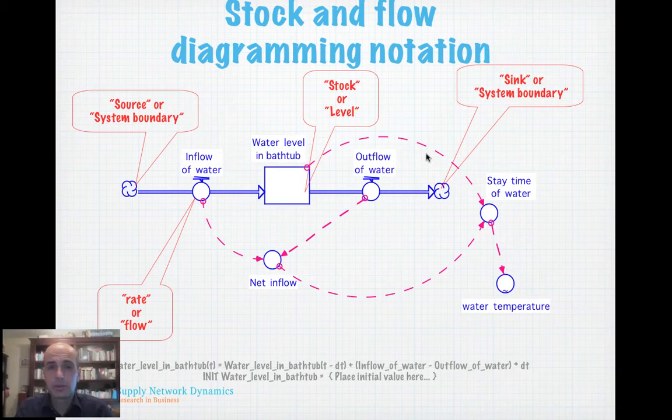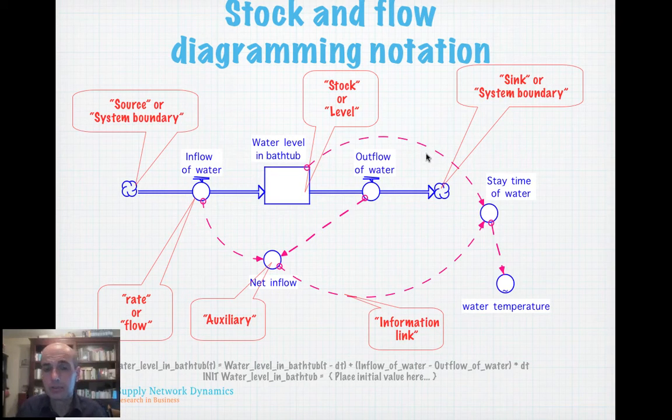And in theory this should be enough, but in all practical models there are also auxiliaries. In theory you could put everything in those rates, but in practice you want to split up long decision equations with the aid of auxiliary variables. And here a net inflow, for instance, is the inflow minus the outflow.